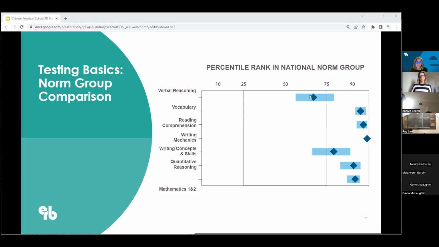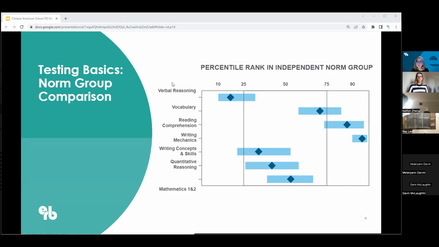We know that all of these are a snapshot in a moment in time, and we can have our good days and our bad days. So our knowledge is the same, but there's a range of how we might respond. So this would be percentile rank for the national norm group.